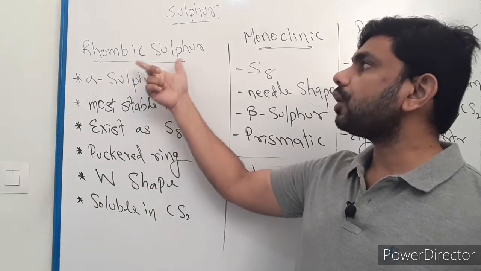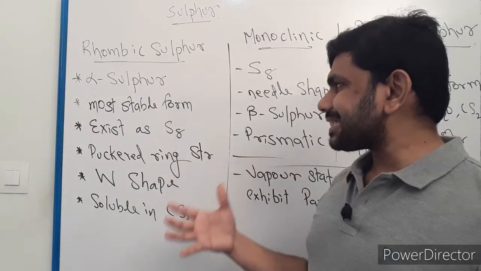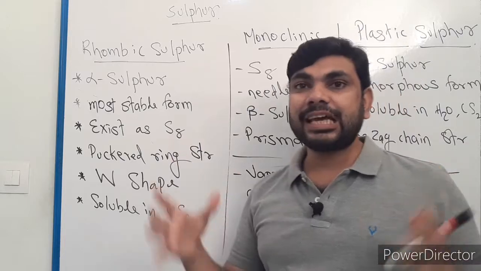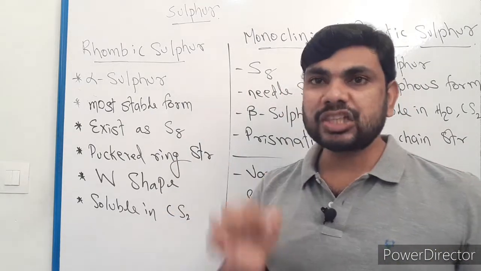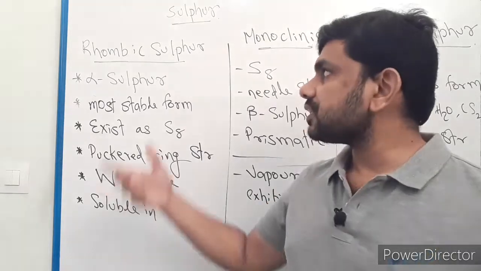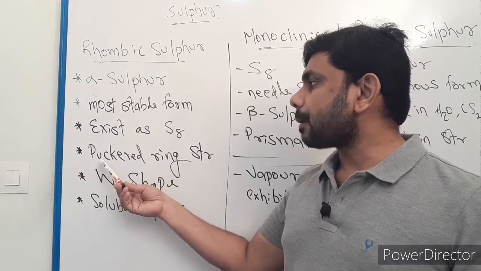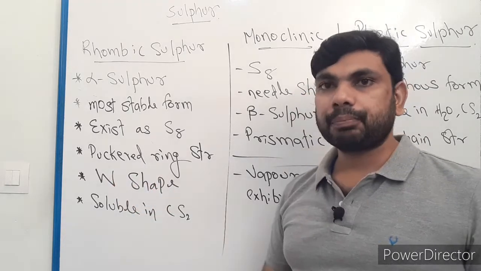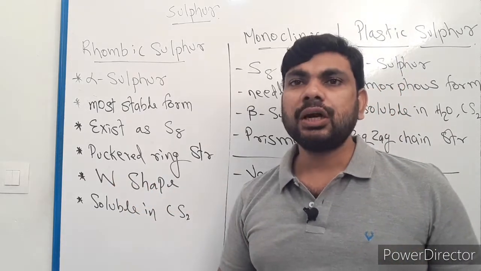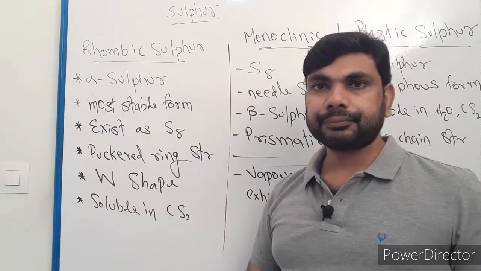Rhombic sulfur exists in the form of S8, meaning 8 sulfur atoms joined to form a sulfur molecule. It has a puckered ring structure, or a structure like the letter W.